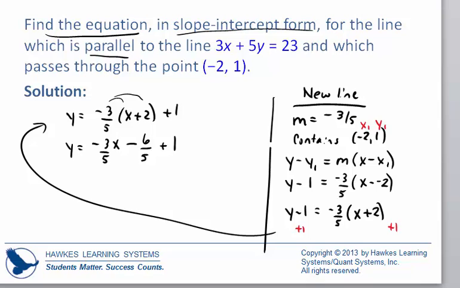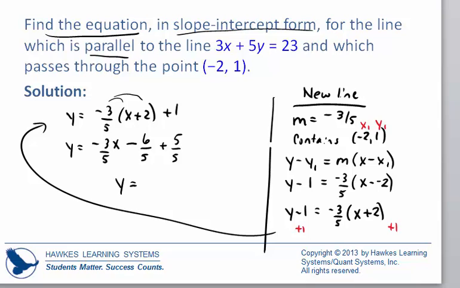And when we combine these two, remember that you could take this 1 and write it as 5/5 so that it has the same denominator as the fraction that you're trying to combine.